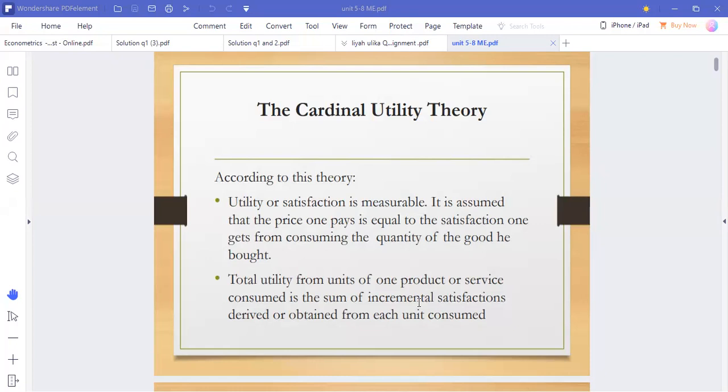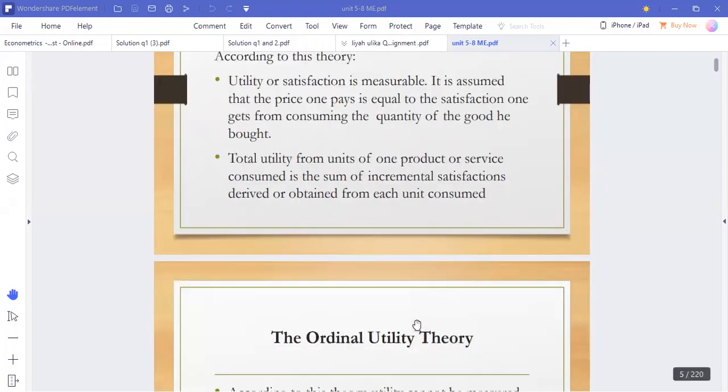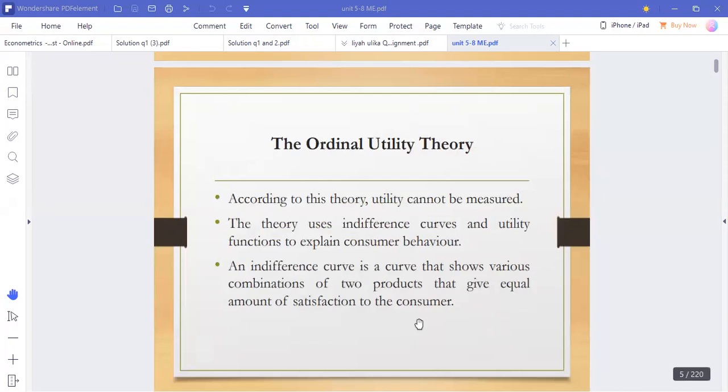And so the total utility derived from 1 unit of a product or a service consumed is actually the total incremental satisfaction obtained from each unit consumed. So this is what our cardinal theory stipulates.